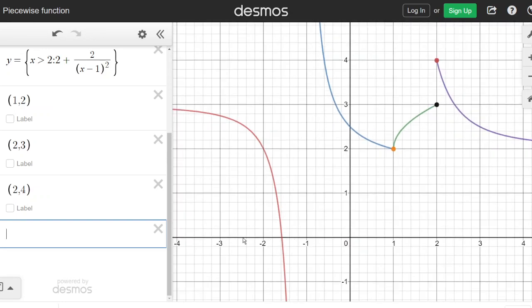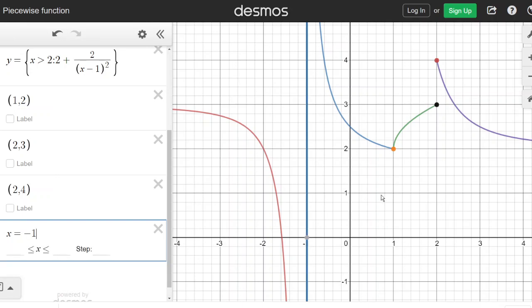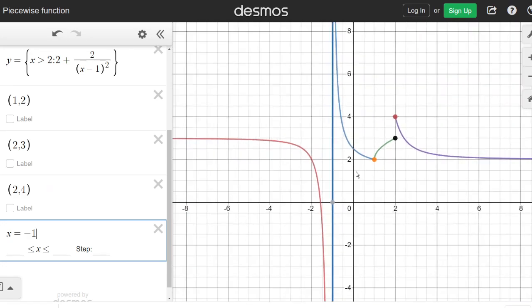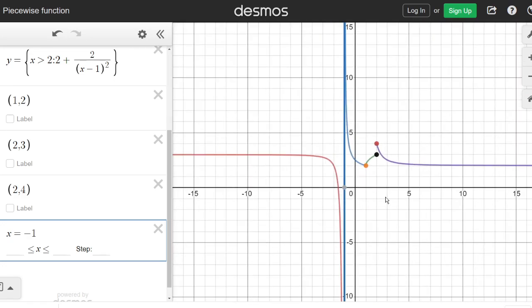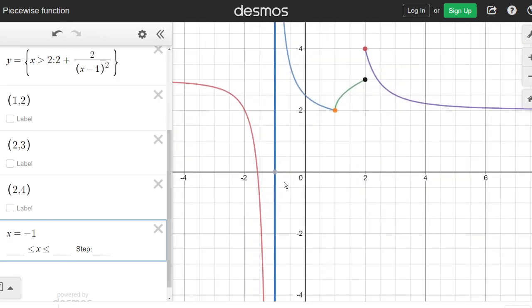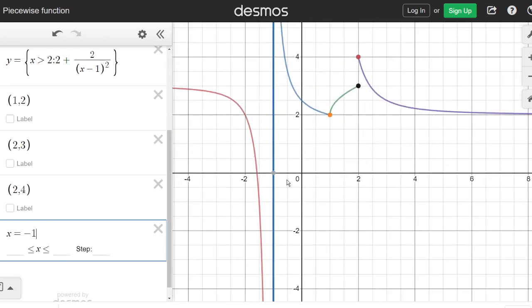I think this point is x value of -1. So give me one little moment. I hope it can let me do this. I'm going to zoom out. You kind of see the curve. The x value here is -1.